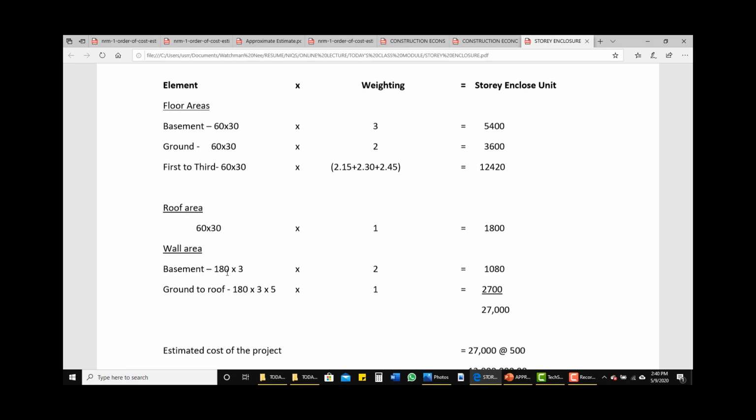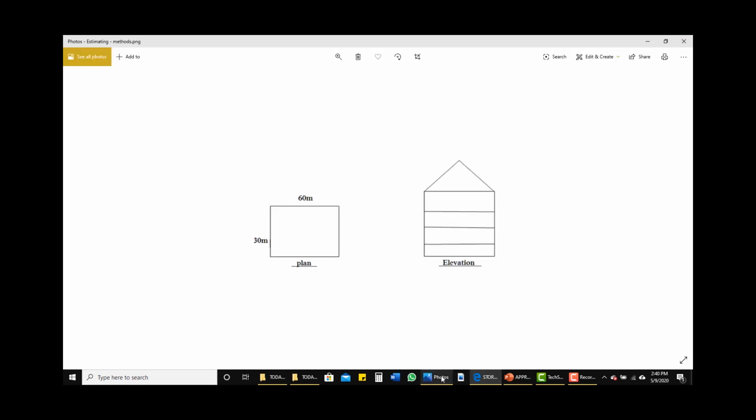Then for the wall area, this time around we are talking about the entire wall, and we'll be using the word girth, that is the total length. If you look at our drawing, length is 60 meter, breadth is 30 meter. So 60 meter plus 30 gives us 90, plus 60 meter gives us 150, plus 30 meter gives us 180 meter.